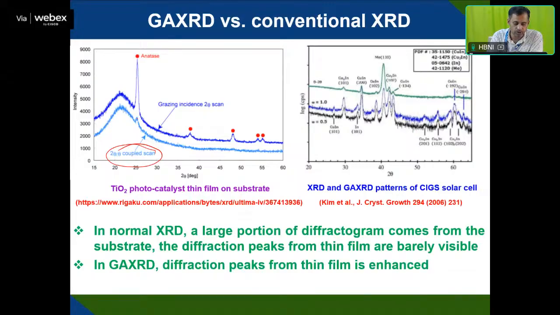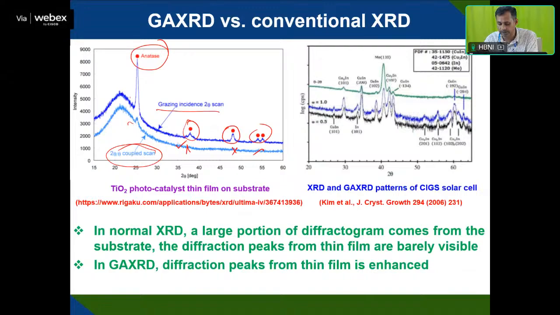The top one is the grazing angle incidence 2 theta scan. You can see the unattached peaks are quite intense in grazing angle XRD, while in the conventional scan these peaks are almost missing. So you can get the information on whether your phase is formed or not using grazing angle XRD.